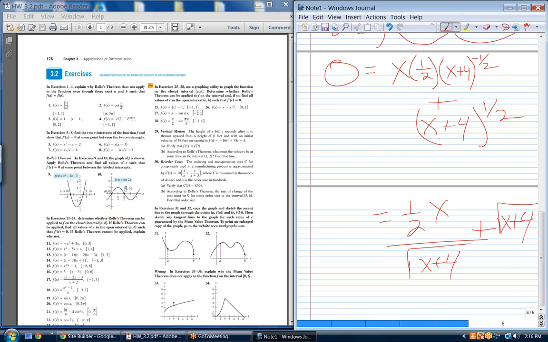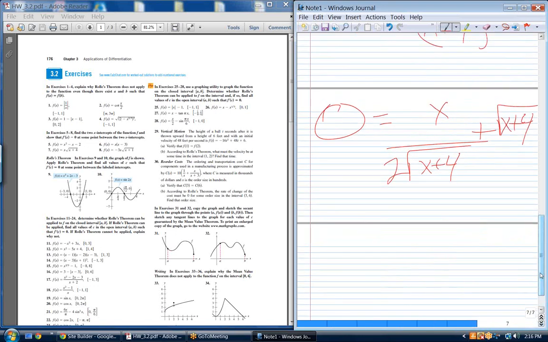I can take this 1/2, stick the 2 in the denominator, set that equal to 0, and try to solve it. What's the first thing I can do? Move the square root of x plus 4 to the other side.